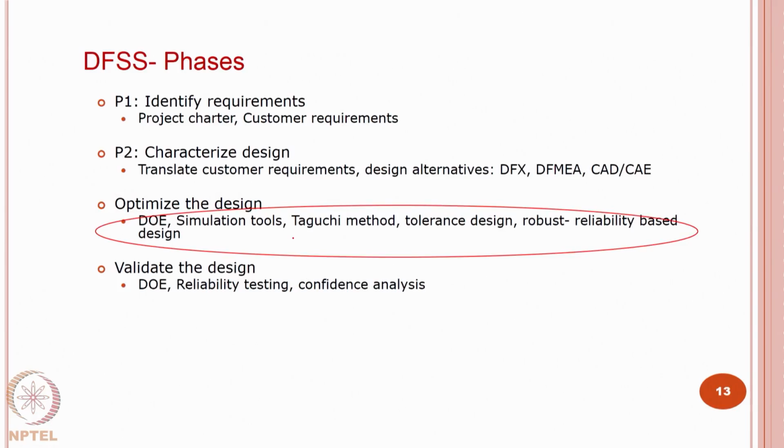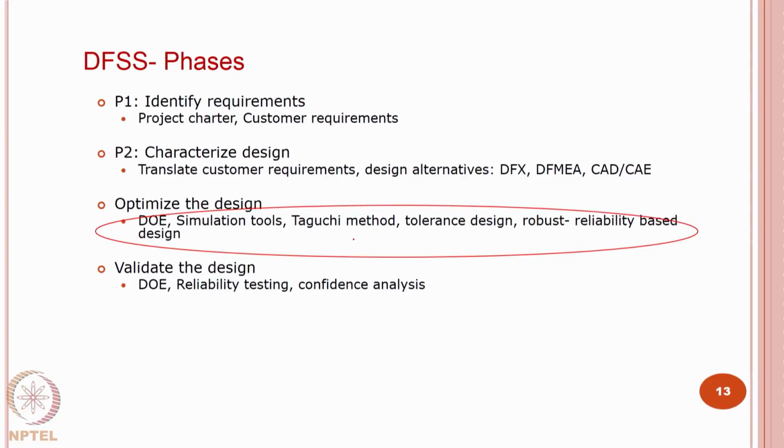So, I need to sensibly choose some combinations such that I can get maximum information out of these experiments. That is governed by the design of experiments. We will see in detail, that is what the rest of the course is about. Then we can use some simulation tools.